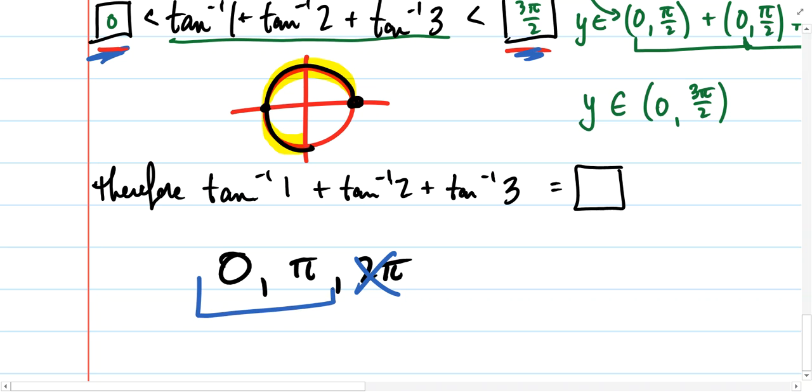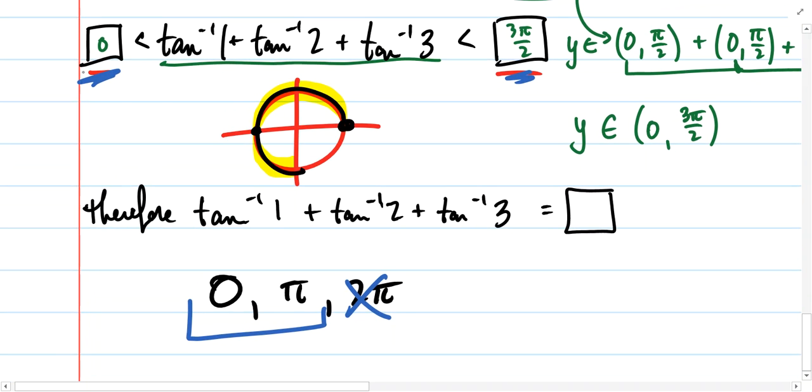So that makes me think the solution is either going to be 0 or pi, but then we just said here that the sum of these inverses must be greater than 0. It can't be equal to 0, and the reason for that is because none of these inputs for the tangent inverse was 0 itself.